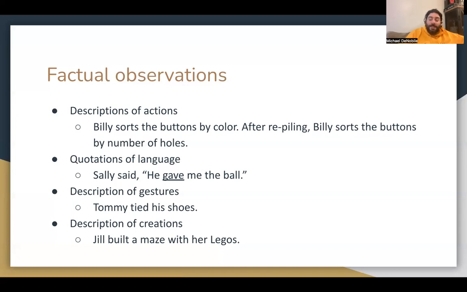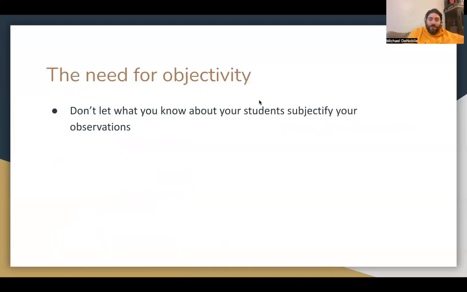Just as it is important for administrators to be objective in their observations of teachers, it is just as important for teachers to be objective in their observations of students. Again, I can't overemphasize this need for objectivity.